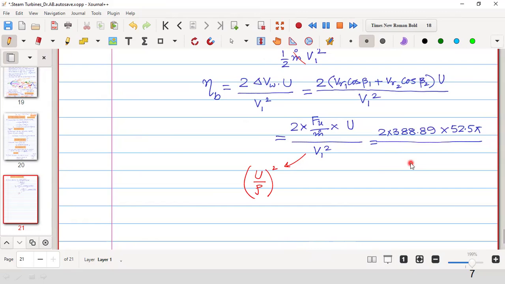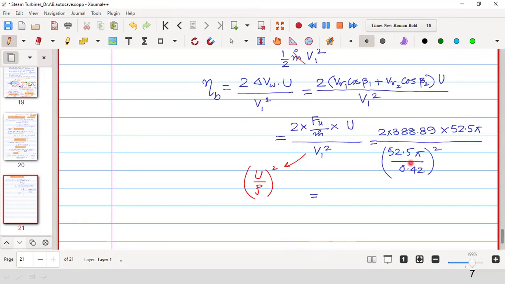U means basically 52.5 pi by 0.42 square. So you can calculate.